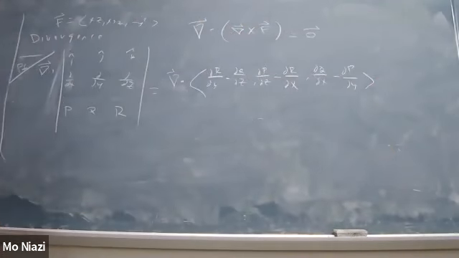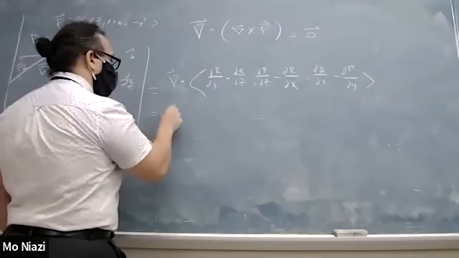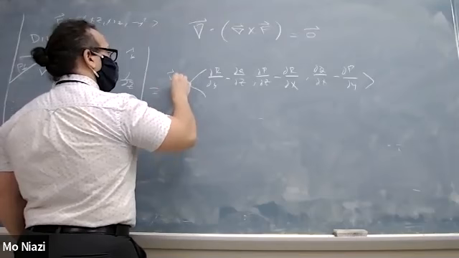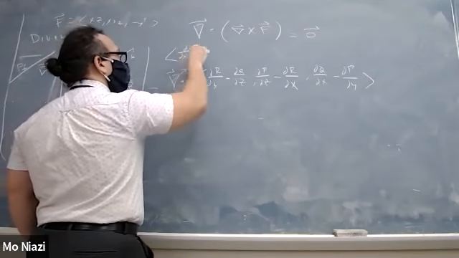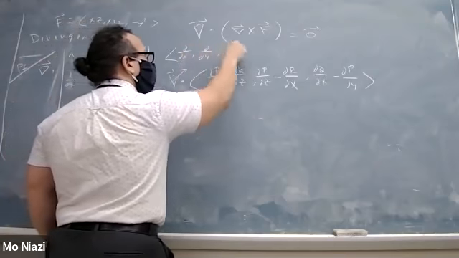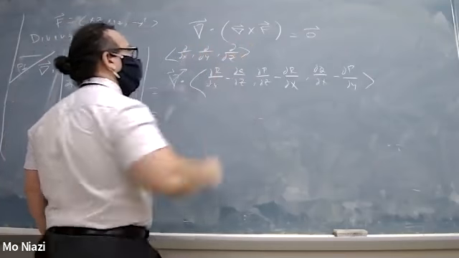And then when we take the divergence of this, recall this thing right here is just partial X, partial Y, partial Z. It's this vector.